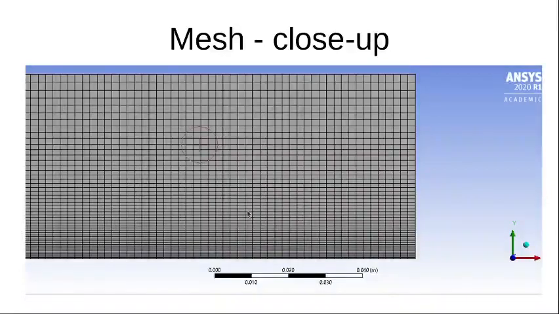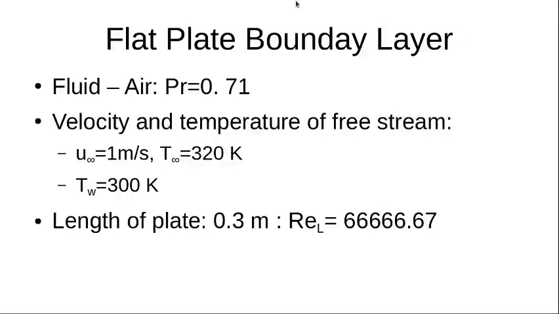Okay. So the case that I have solved for first is the flat plate boundary layer with air as the working fluid, whose Prandtl number is 0.71, and the velocity and temperature of the free stream are 1 meter per second and 320 Kelvin, and the plate itself is at 300 Kelvin.